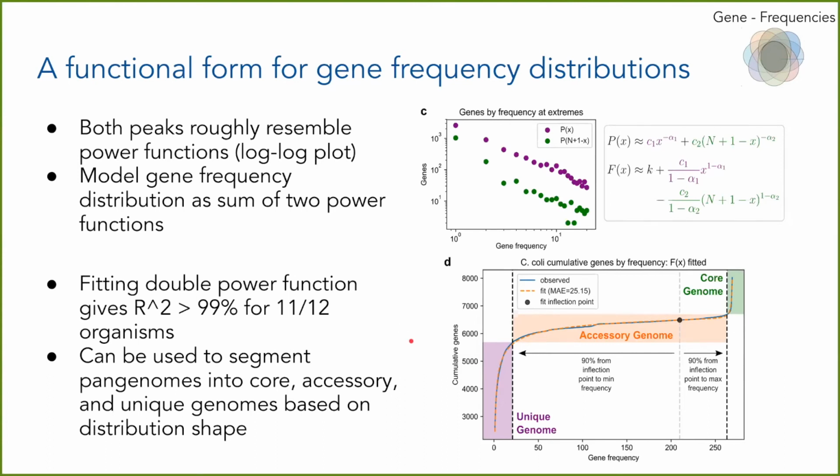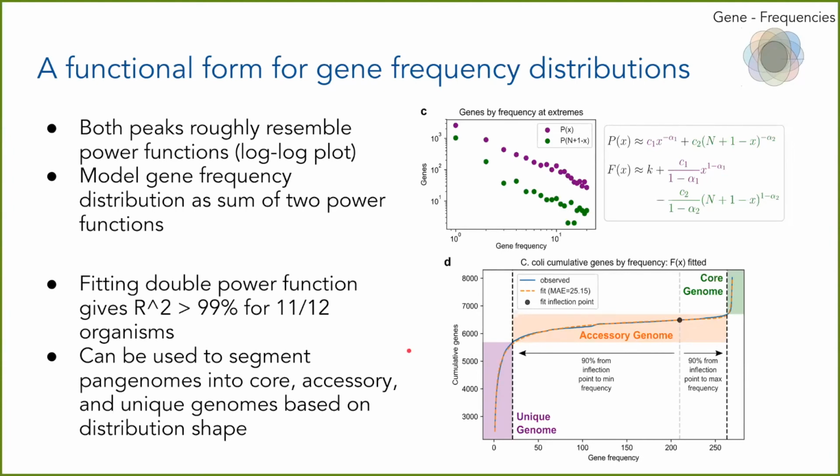And so this functional form is able to represent the gene frequency distribution of these organisms quite accurately with just 4 parameters. And one practical use that we've used this functional form for is to segment the pangenome into common frequency categories, such as core, accessory, and unique genomes of each organism, based on the inflection point of this functional form.